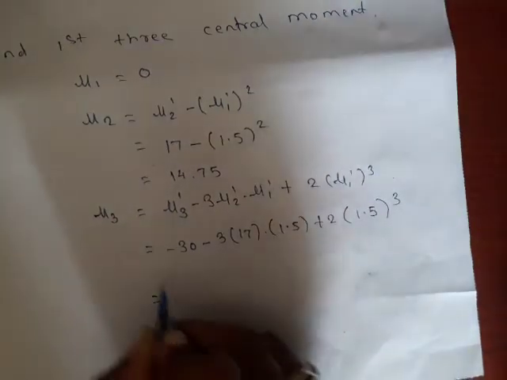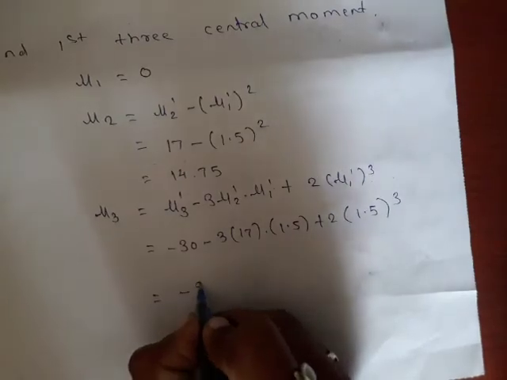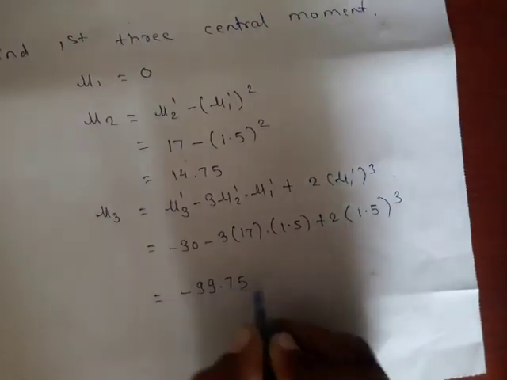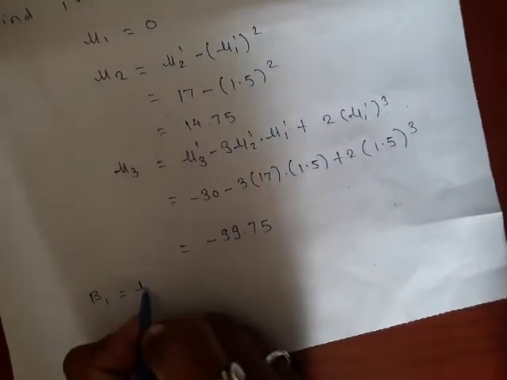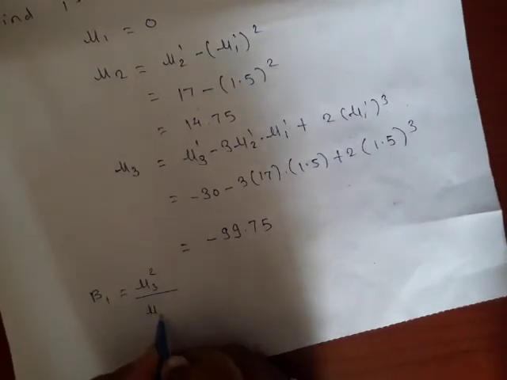Solving this we get minus 99.75. Then the coefficient of skewness beta 1 is equal to mu3 square upon mu2 cube.